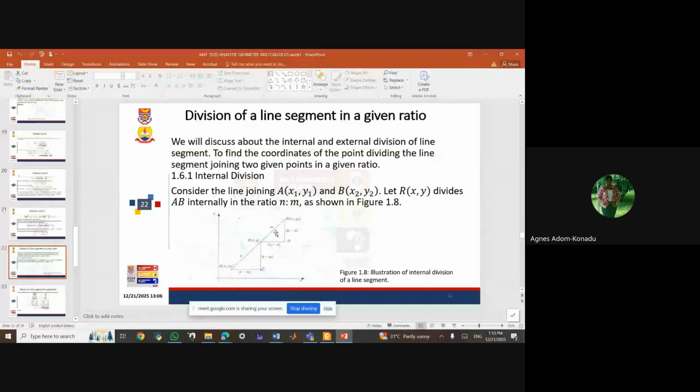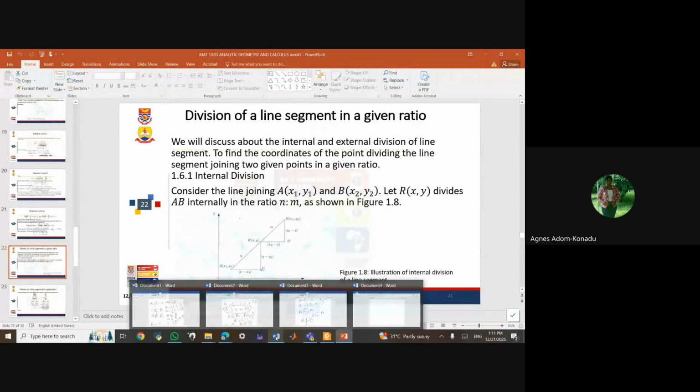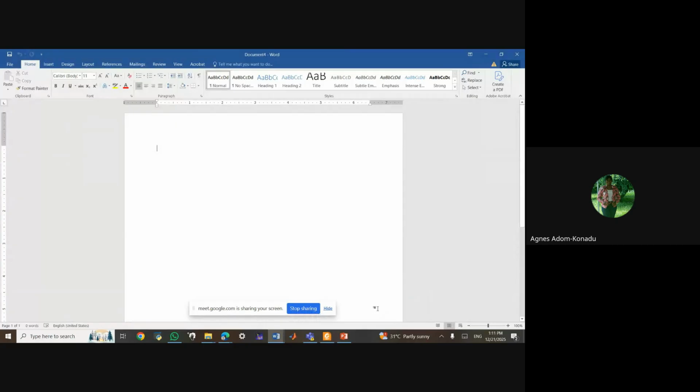So this one is not equal division, but there is a ratio n:m. So if I have my A with coordinates x1, y1, and B with coordinates x2, y2, and I want to find a point R, and this R is dividing this line into a given ratio n:m. So let's find the coordinates of that point too.